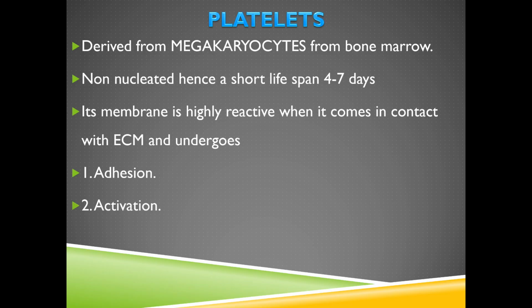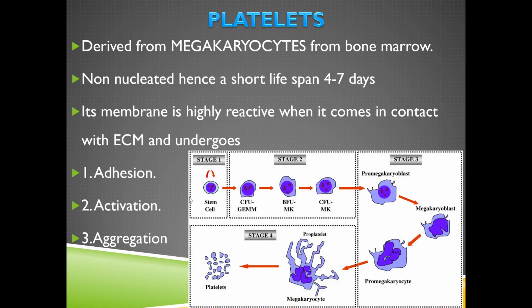Once it gets adhered, the platelet is broken down, that is activated, and then this will attract more platelets and attach themselves to each other. That is called aggregation. So there are three phases in the activation of platelet: adhesion, activation, and aggregation. Here you can see how they form.